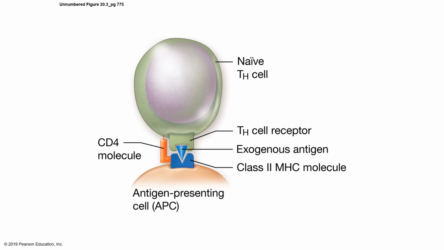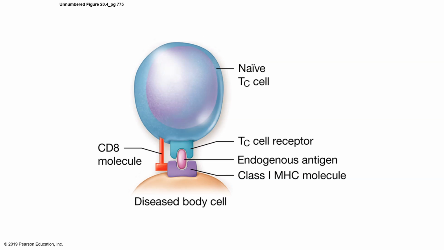MHC stands for major histocompatibility complex. They're present on your white blood cells like your macrophages and dendritic cells. Exogenous antigen means the antigen, which could be a virus or bacterium, originated outside the cell. CD8 cells are what we call cytotoxic T cells. They have this molecule called the CD8 molecule that connects to its receptor.